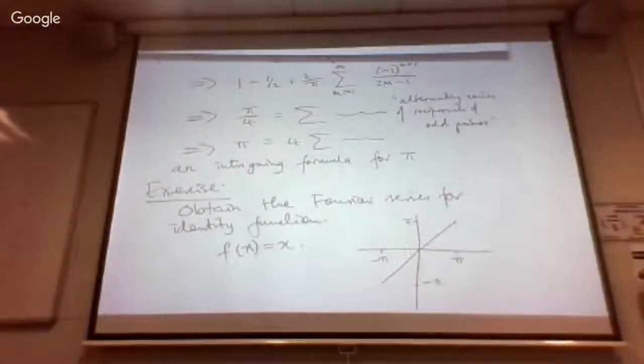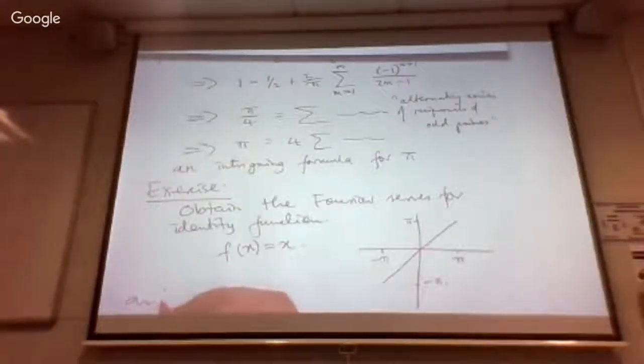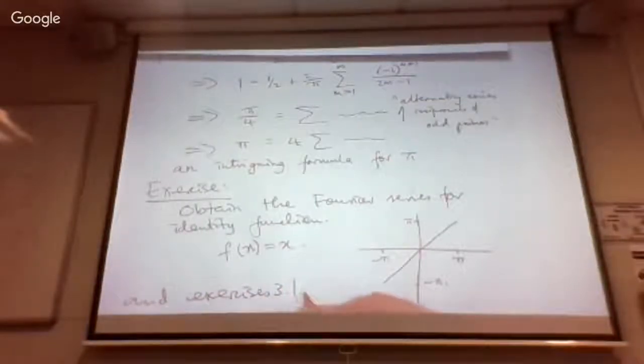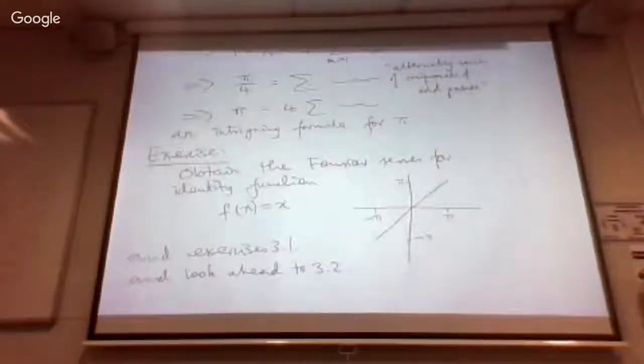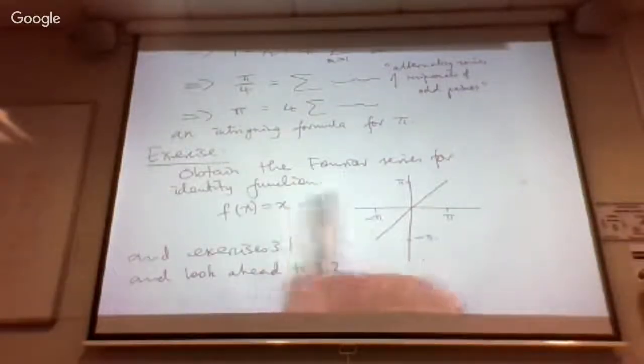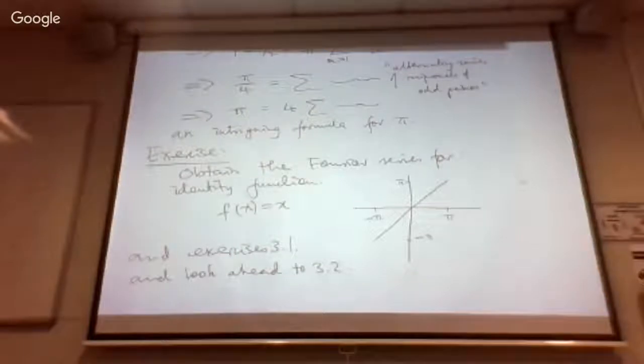So exercise 3.1 is opened up to you now. There's a whole other section on odd and even functions before exercise 3.2, but you could look ahead to 3.2 and tackle some elements of it. Certainly this exercise and exercise 3.1 would be useful.